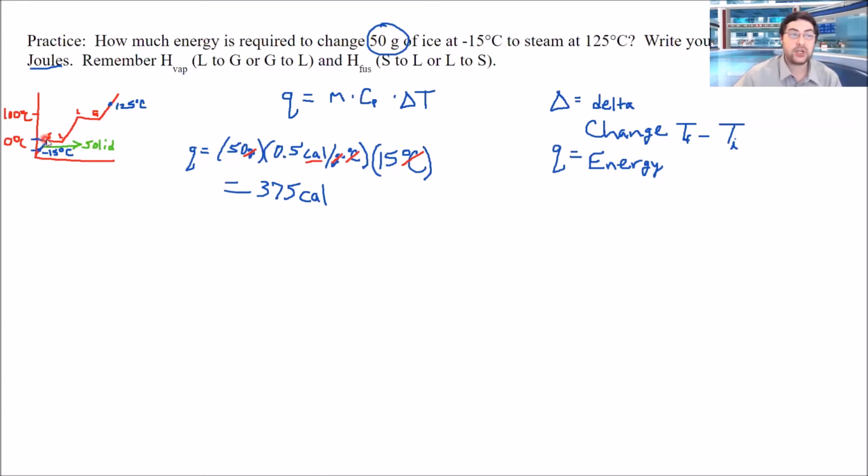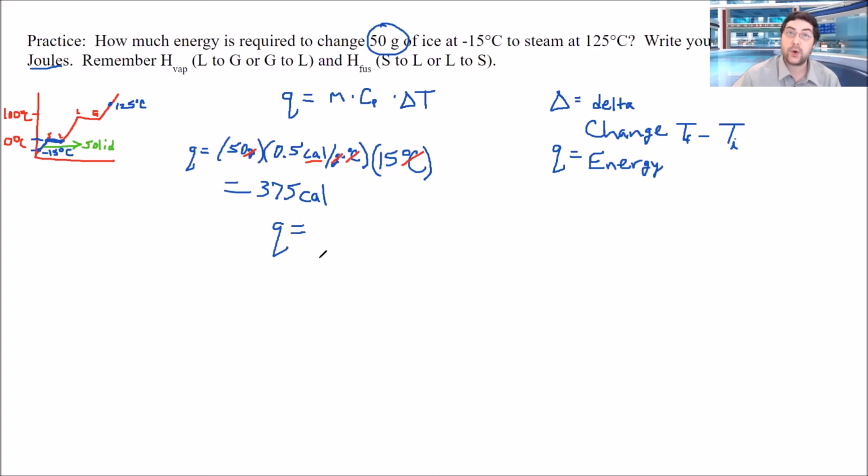And now we need to change it to a liquid still at 0 degrees Celsius. That's this next little section of the graph here. So we're going to change from a solid to a liquid, but we're going to stay at 0 degrees Celsius the whole time. So in this case, it's not change in temperature anymore. Now it's change in state.